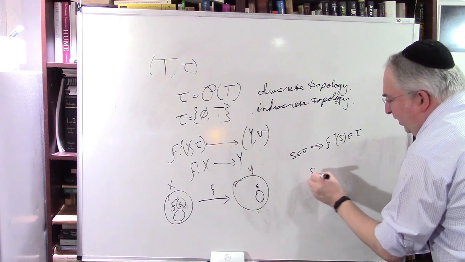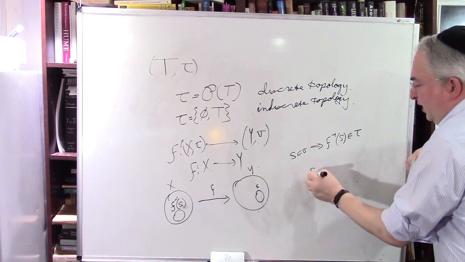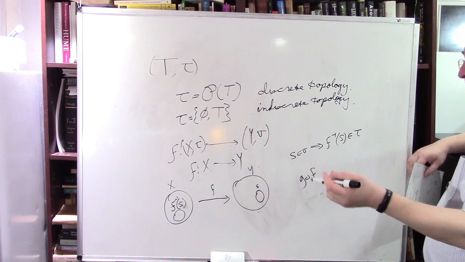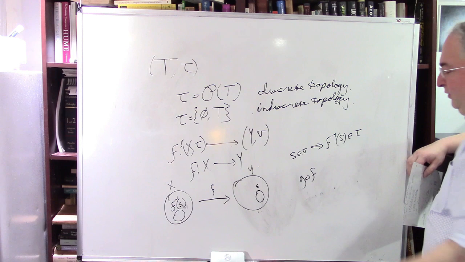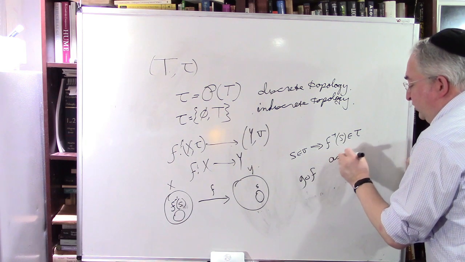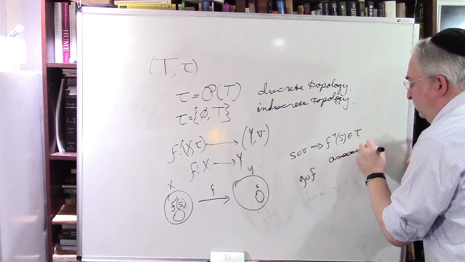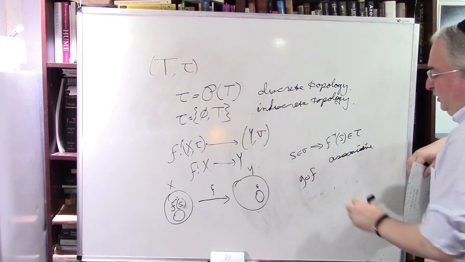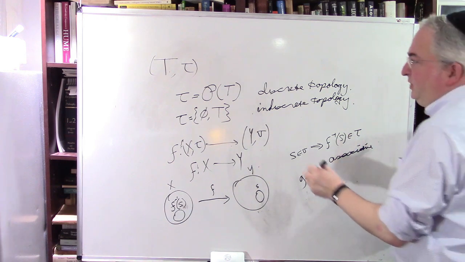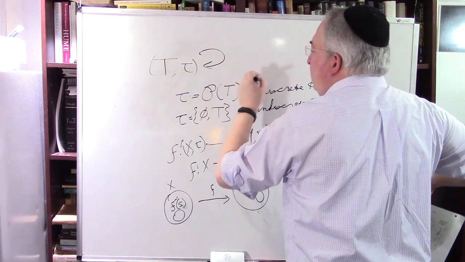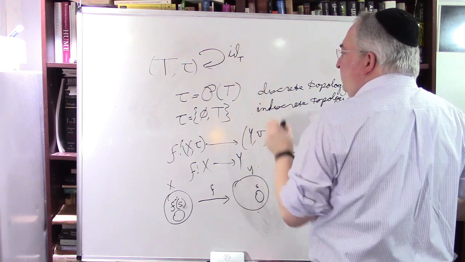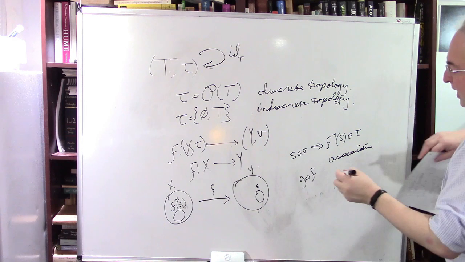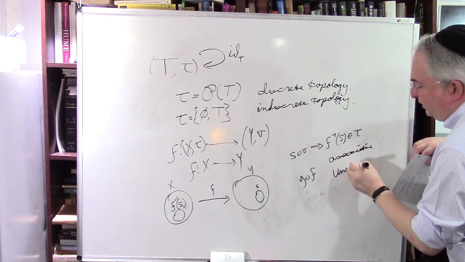If you have f from one space to another, and you have g from that topological space to a third, then the composition works out. And this composition is associative. And you guessed it, there's a unit. Every topological space has a silly continuous map called identity on T, and the unit laws are satisfied.